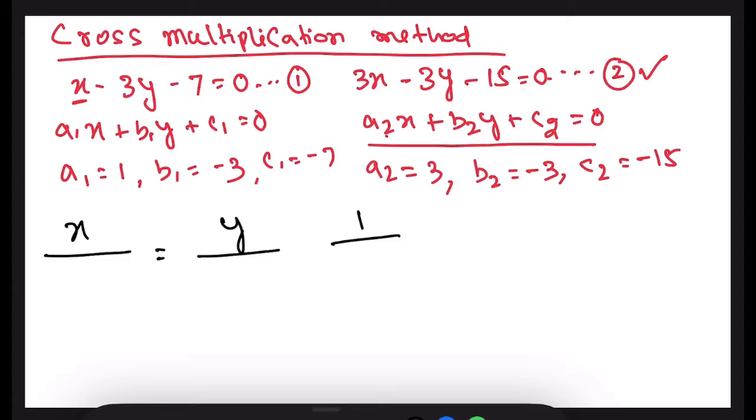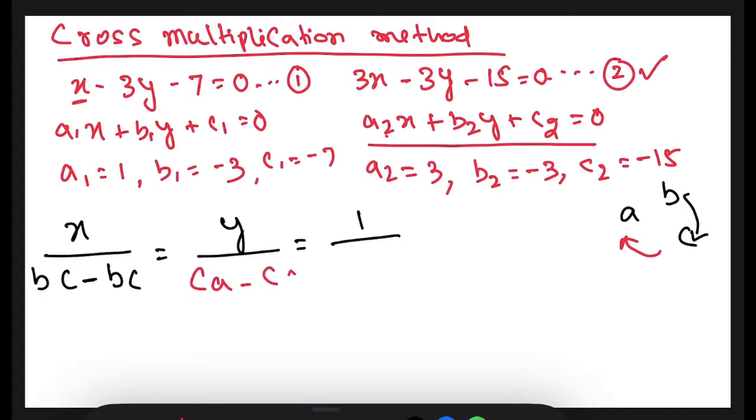In between them put the equal sign, then x upon, in the denominator you have to write B C, and then minus B C. I already told you, A B C. Now we start from B to C. So B C we have written, then next you go for C A, and write C A minus C A, giving little gaps.